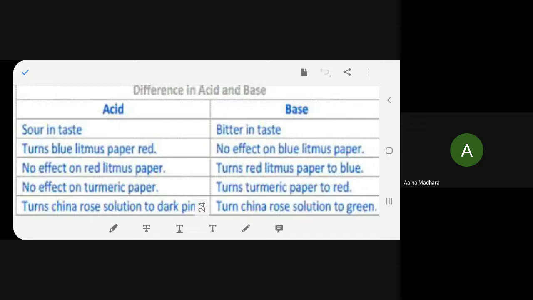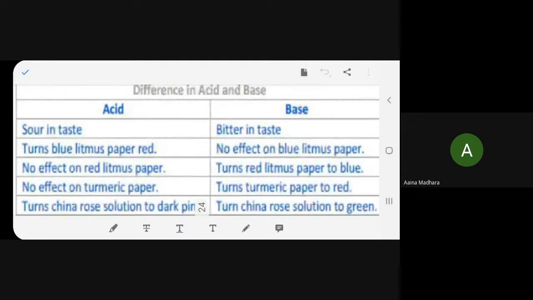No effect on red litmus paper. Turns Litmus. red litmus paper. No effects Then on brick paper. Turns turmeric paper to red. Turns China rose solution to dark pink. Turns China rose solution to green.